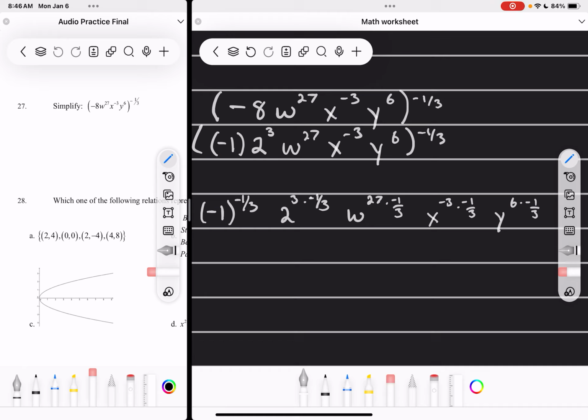All right, so each of these is going to process. The first one is, well, negative 1 times negative 1 times negative 1 is just negative 1 to a negative 1 power. Nothing happens, essentially.